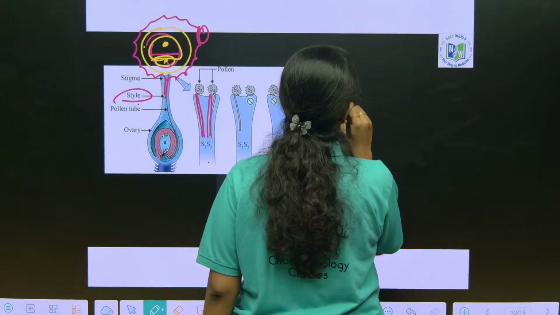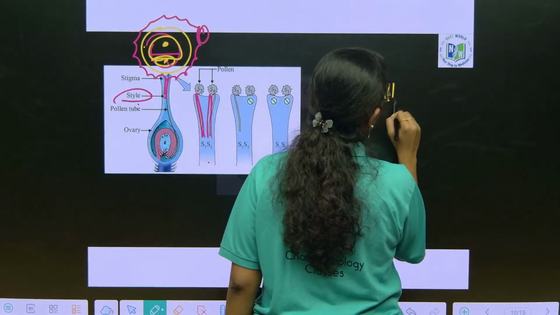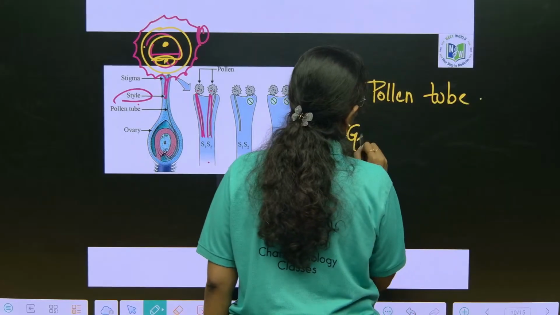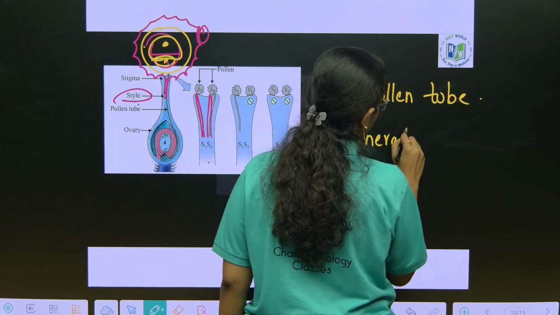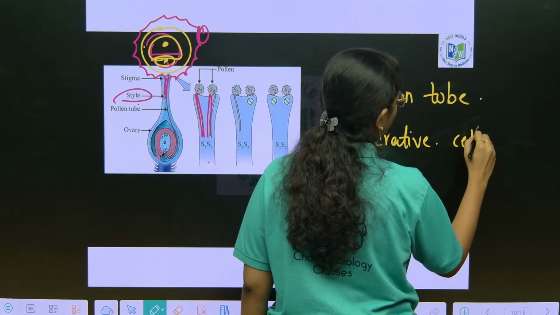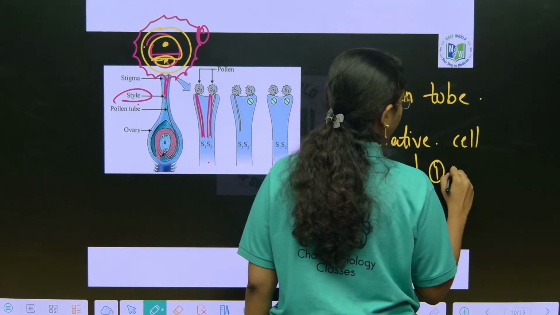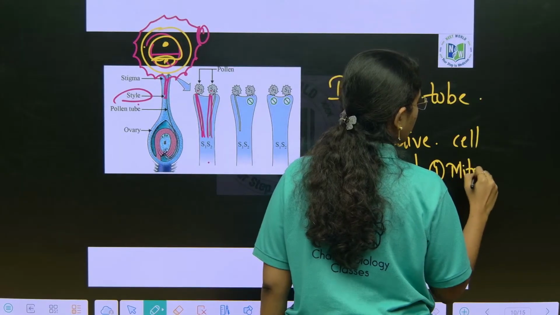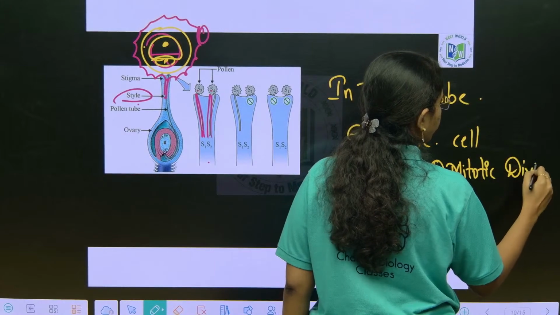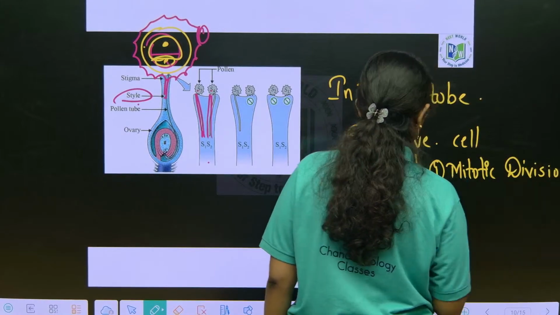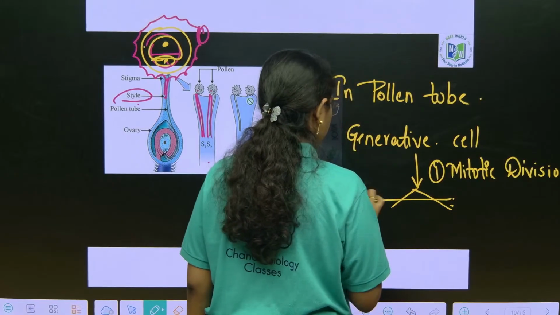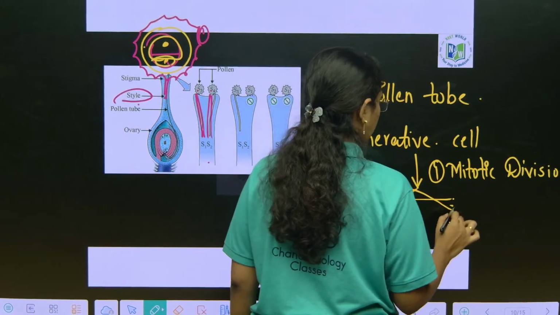In the pollen tube, the generative cell will undergo one more mitotic division giving out two male gametes, like this.